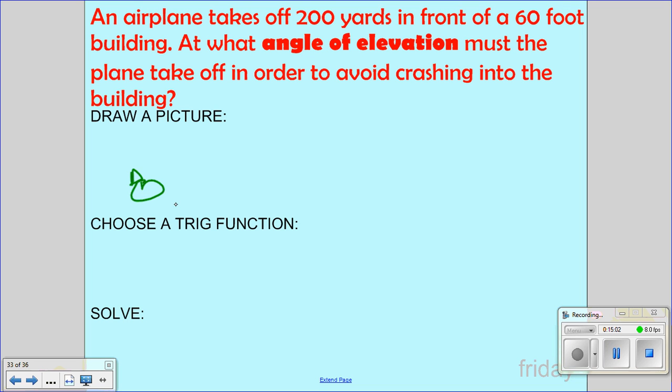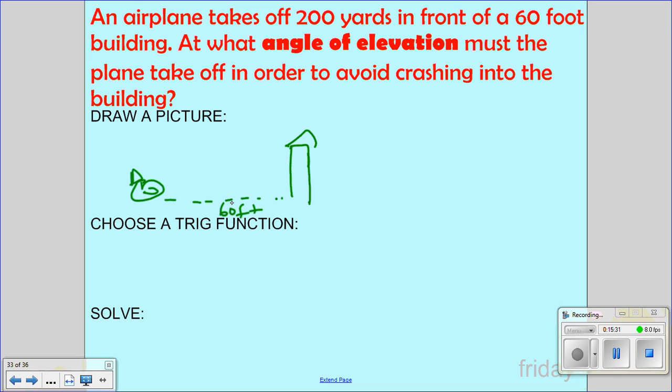It didn't quite come out like I was expecting. But here's my building. All right. And the airplane is in front and it's 60 feet away.